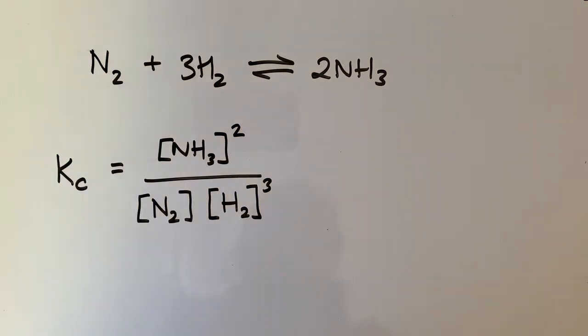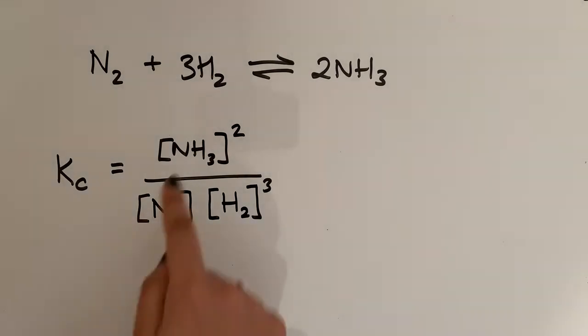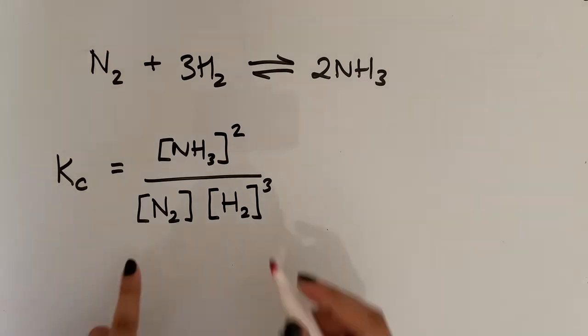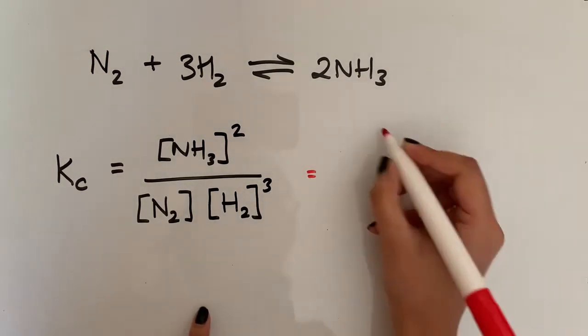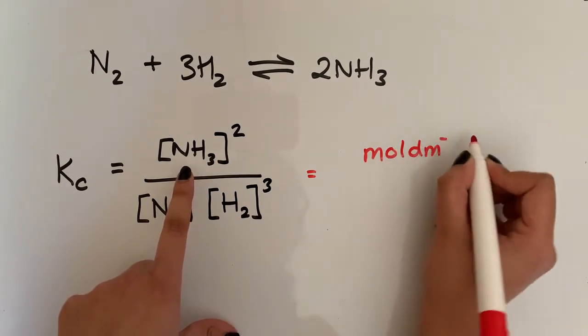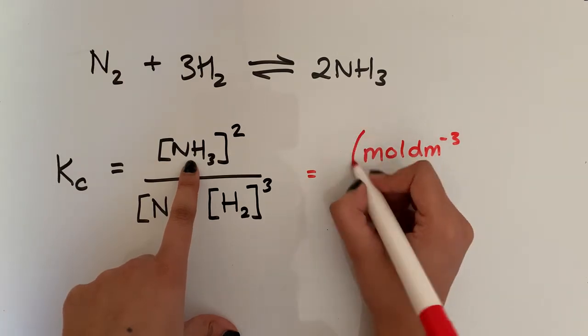You also need to know how to calculate the units for Kc. Given that we're talking about concentration, the units for concentration are moles per decimeter cubed. So at the top, we've got the concentration of ammonia, so moles per decimeter cubed, but that is all squared.